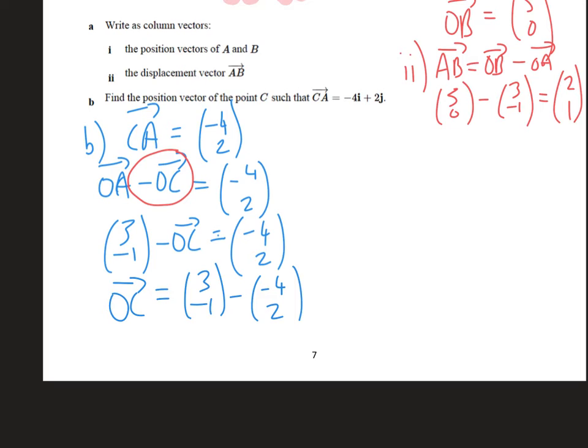Or you could just do, what do I need to take away from 3 minus 1 to get minus 4, 2. And I get 3 minus minus 4 is 7. Minus 1 minus 2 is minus 3. So my position vector for C is 7 minus 3. As a coordinate, it will be 7 minus 3 written like that. But as a position vector, it's written as a column.